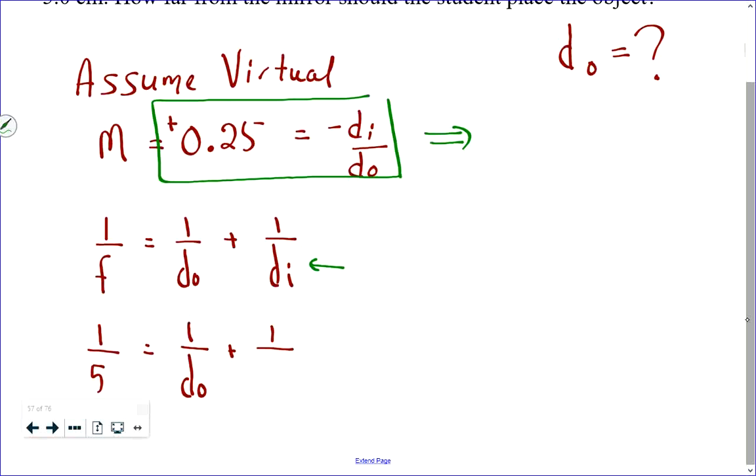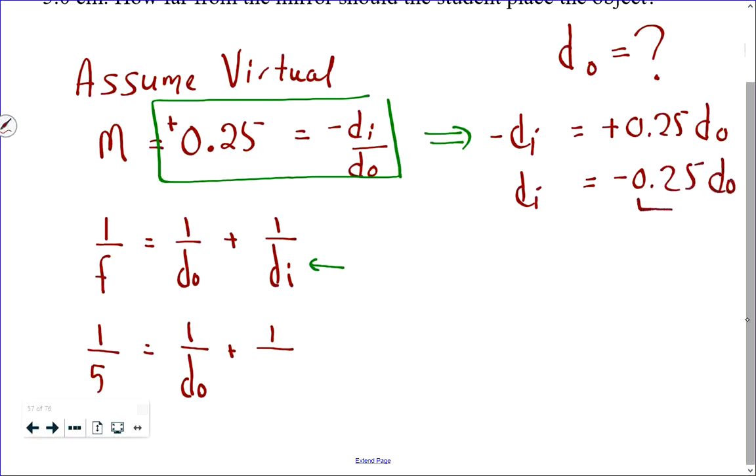And everything I'm doing, even though I'm asking you not to write it down, is something you need to understand. So what do we get here? We get dI equals negative 0.25 dO. We cross multiply and you get negative dI. You get this when you cross multiply. So then it becomes positive dI equals negative 0.25 dO.